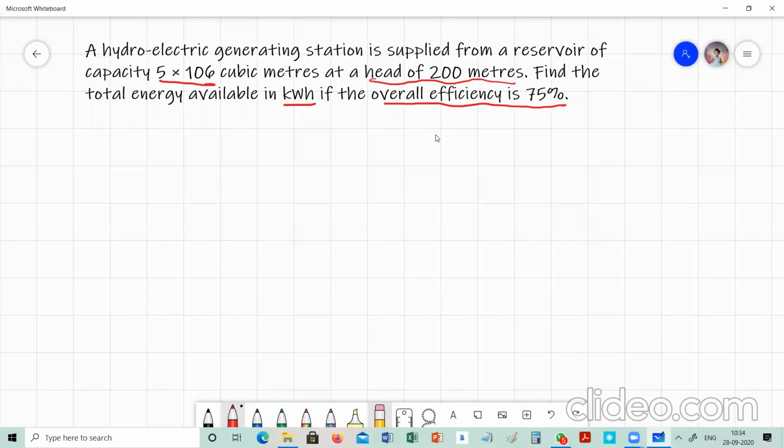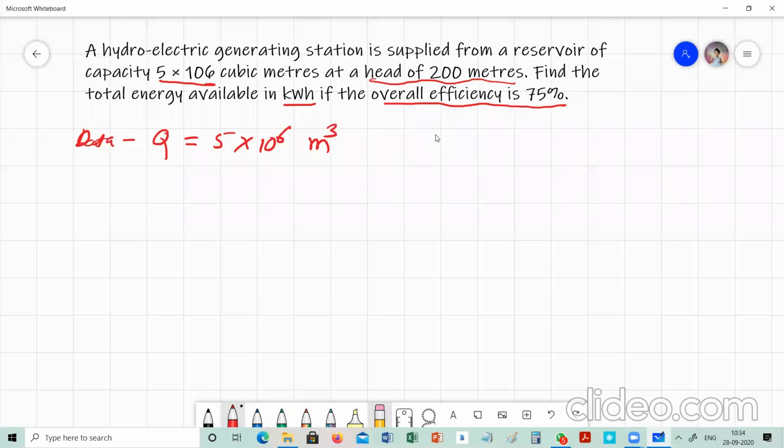Okay, so the data is given as: reservoir capacity, we use the symbol Q, is equal to 5 into 10 raised to 6 cubic meters.